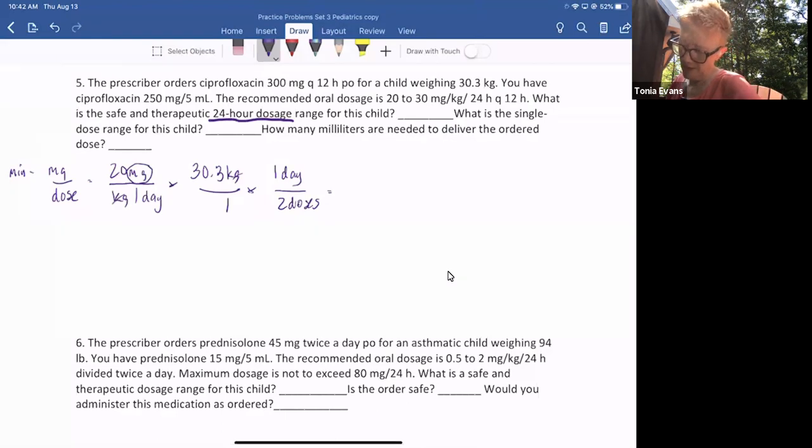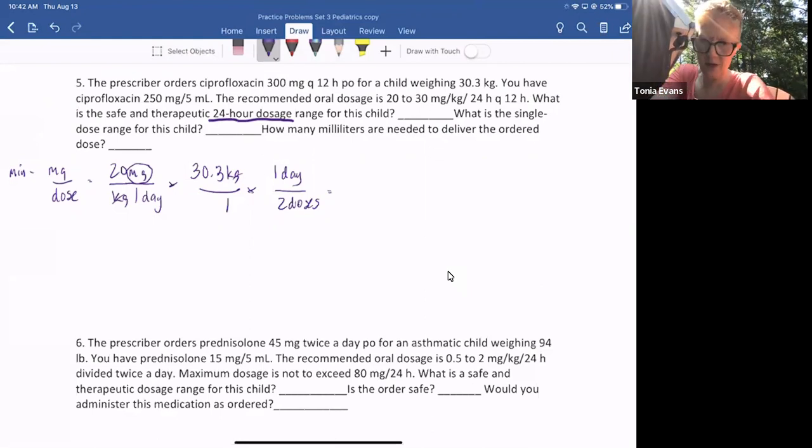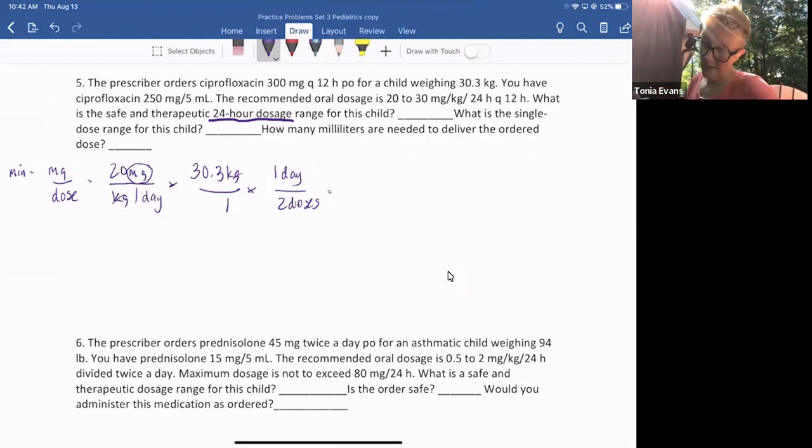You're not going to have any problems on any math tests where they ask you for day range and single dose range, but it's good practice anyway, because you might have one or the other. So, alrighty, kilogram, day, dose. All right, we're good to go.